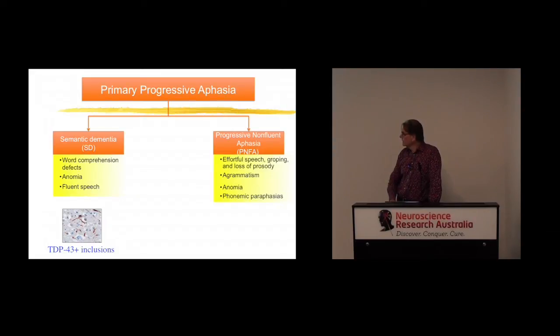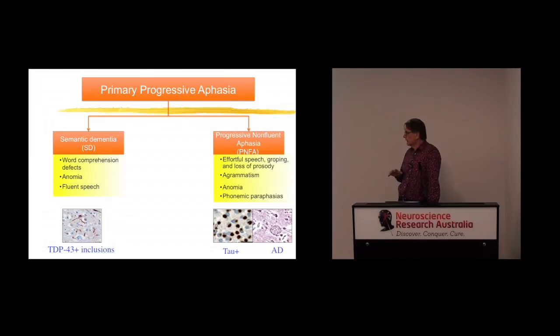The other syndrome is a disturbance more of speech and language production, in which speech is effortful and they grope for words and the grammatical structures of language are disturbed and speech sounds very abnormal and they produce errors. As patients died with this disorder, we discovered that the pathology can be quite variable, although a lot have tau pathology, unlike the semantic dementia.